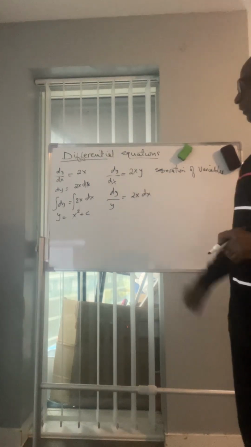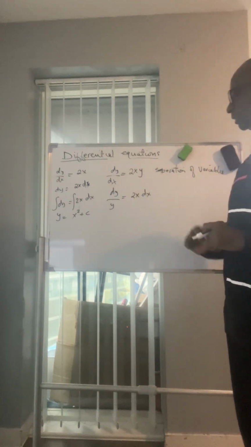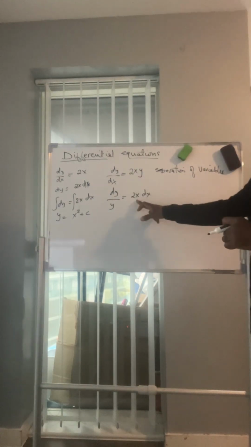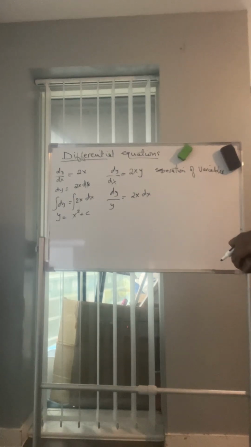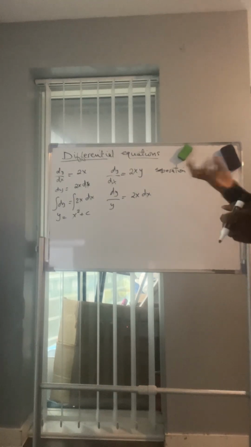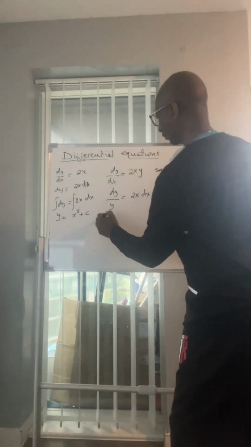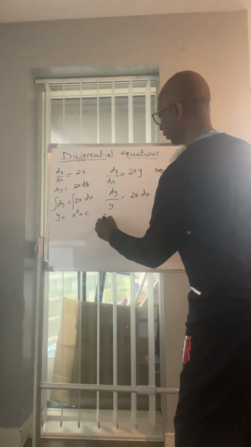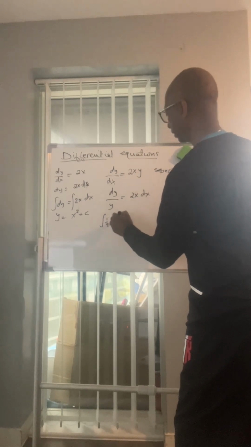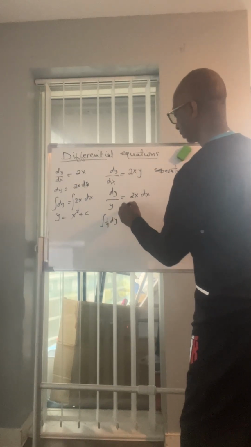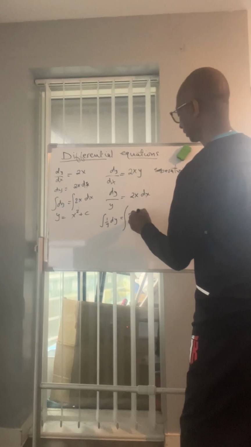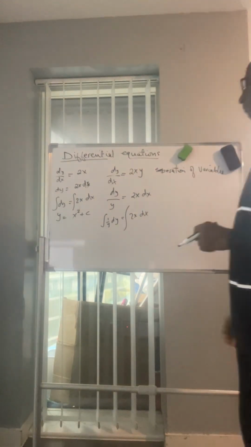You have separated the variables: y alongside the dy, x alongside the dx. Then how do you solve this? You can now do your integration here. You now have 1 over y dy equals 2x dx.